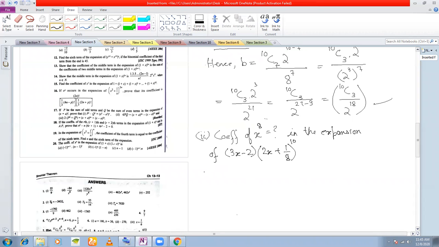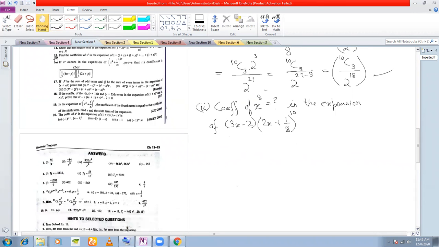Now, what should be the coefficient of x to the power of 8 in this expansion? We start with (3x − 2)(2x + 1/8)^10. Because you are multiplying, one power of x is multiplied with this.